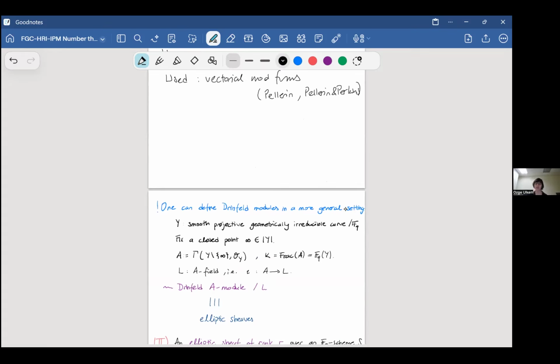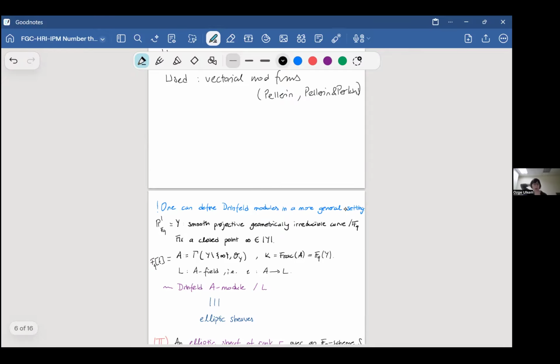Namely, you can start with a smooth projective geometrically irreducible curve Y over F_q, and you fix a closed point denoted by infinity, and A denotes the ring of regular functions outside of infinity, and K is the function field of the curve, and L is an A-field, which means you have a homomorphism from A to L. In this setting, you can define a Drinfeld A-module over L for any such A and L. And if you take Y to be just the projective line over F_q, then you obtain A to be F_q[T], and we are back to our case. But it can be defined in a more general setting.